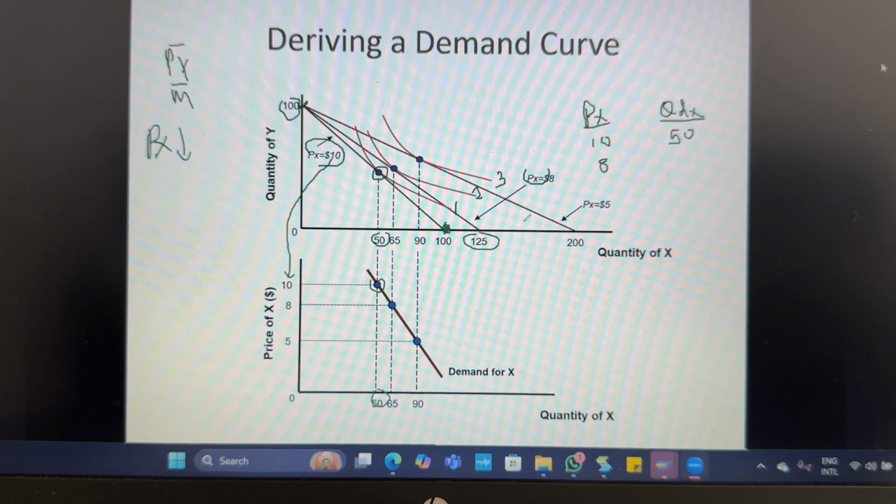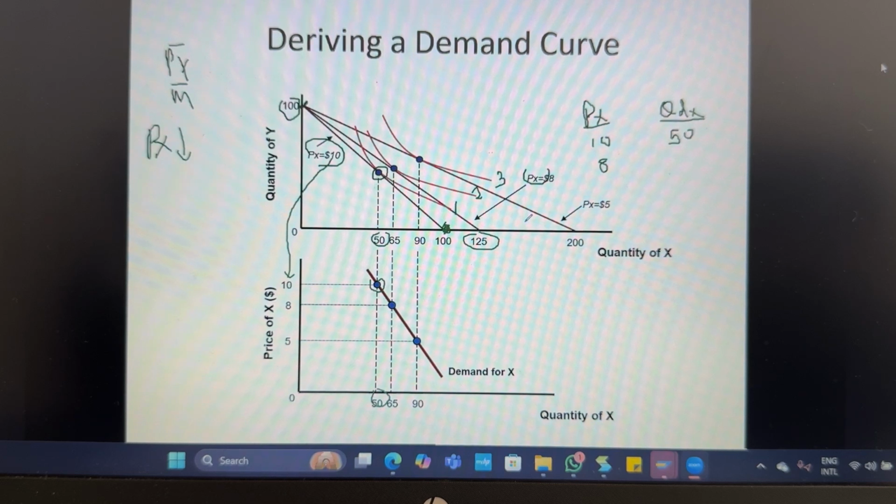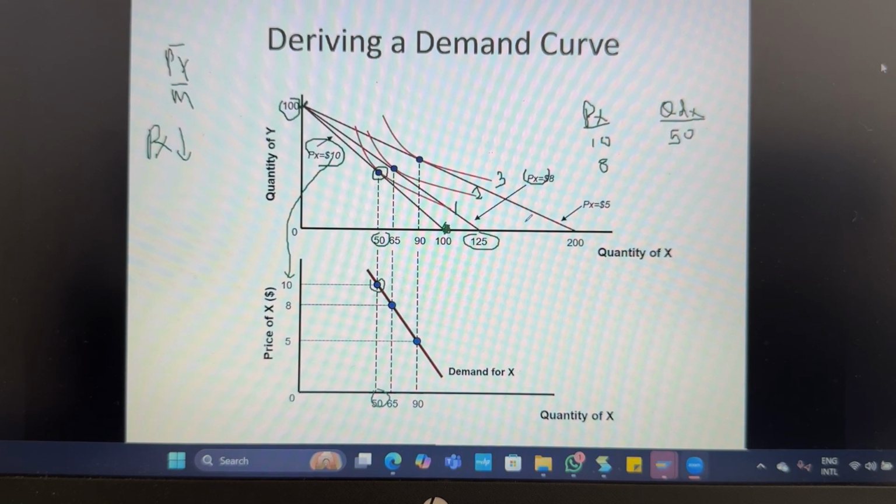Now you can move on to what indifference curve with the new price? A higher indifference curve. I name it 1, 2, 3. Indifference curve 2.